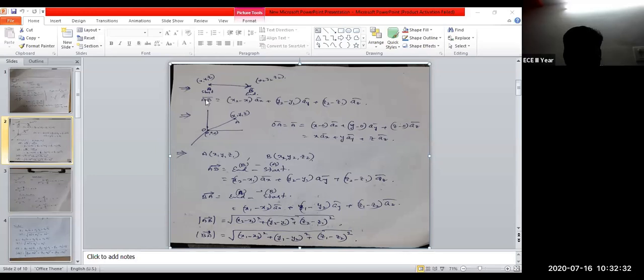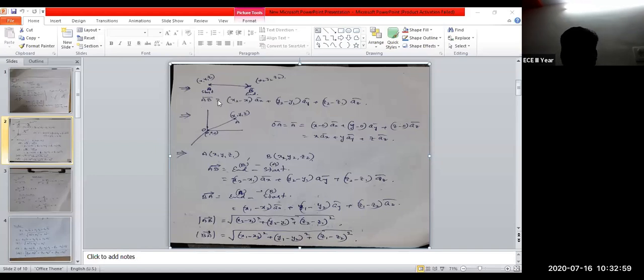Okay, good. Most of the people are answering in the chat. Good. But here I cannot call this AB bar as the A bar vector.